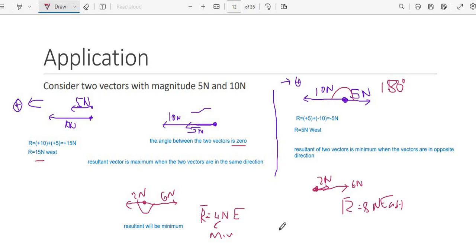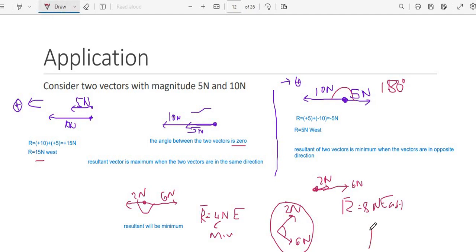So if I were to arrange the two vectors in such a way that this is the 2 Newton, and let us say that is the 6 Newton, in such a way that the angle between the two vectors is greater than 0 but less than 180, and I try to figure out the resultant, what I would find is that the resultant will be between, I'm going to use math language here, let me use intervals.